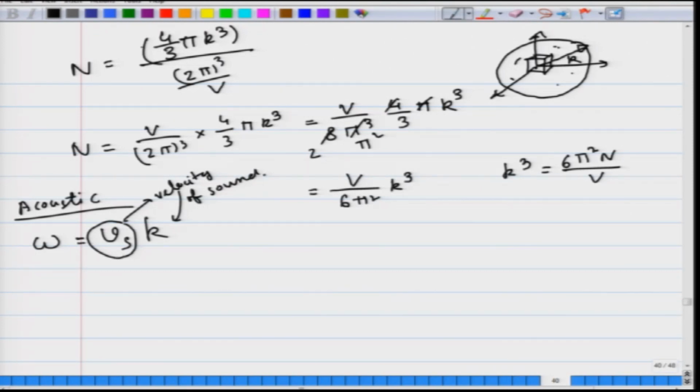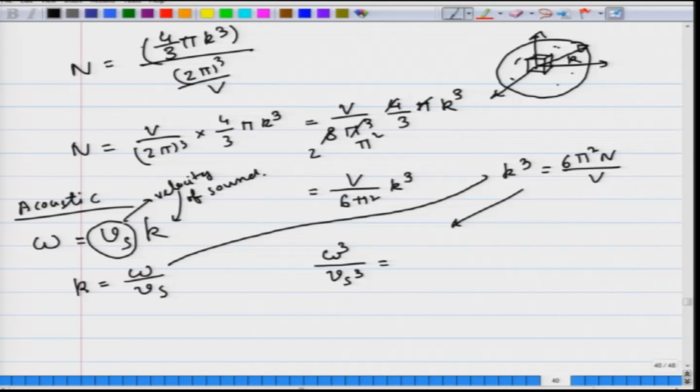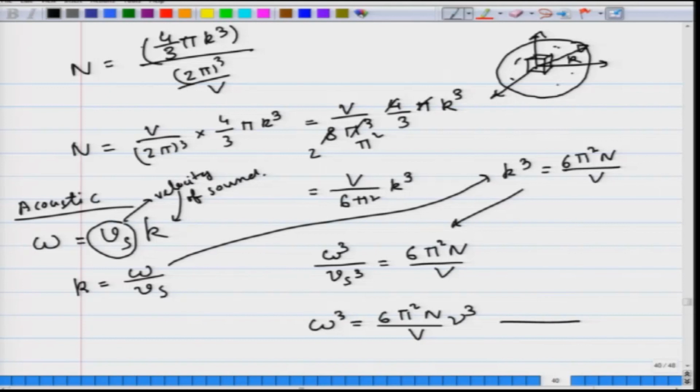So you can write k equals to omega by Vs. So this k cube we can put as omega cube by Vs cube, putting this value in the equation 6 pi square N by V. So we get omega cube equals to 6 pi square N by V into Vs cube. So there will obviously be a highest frequency up to which the number of states can occur.